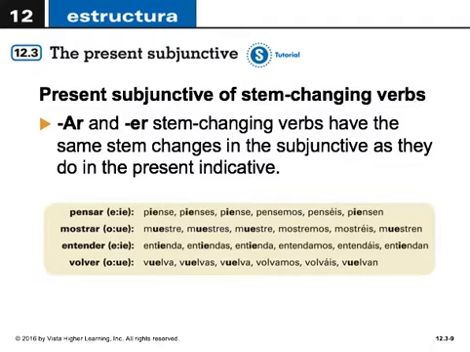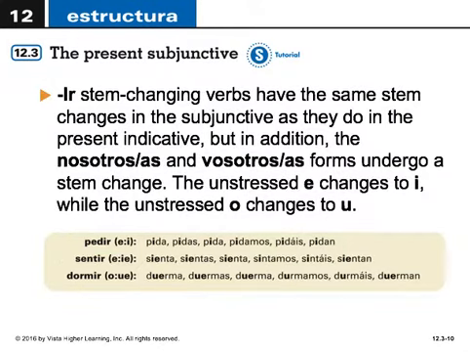And volver, O to UE, vuelva, vuelvas, vuelva, volvamos, volváis, vuelvan. Do notice that in the nosotros and vosotros forms, these do not stem change. They stem change in the boot of the verb, as we call it, or rather all of the other conjugations except for nosotros and vosotros.